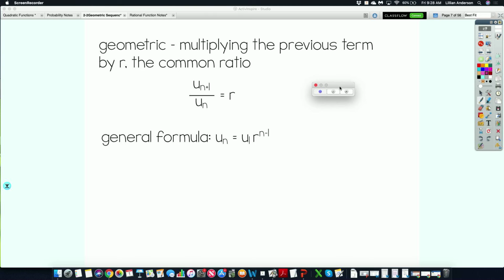Not the term before, the term after a term, and u sub n represents the term before. Okay? Because you'd have to divide, since with geometric it's multiplication. So with geometric, you're multiplying the previous term by a common ratio. How you find it, you divide, say for example, the second term by the first term, third term by the second term, fourth term by the third term, so on and so forth.